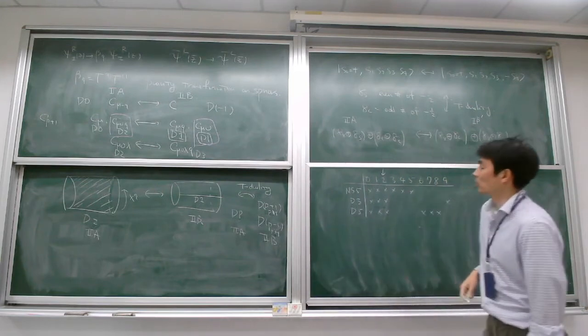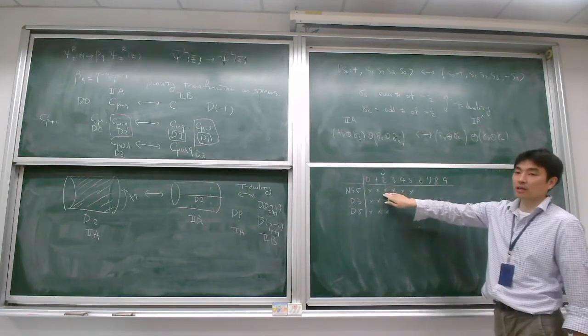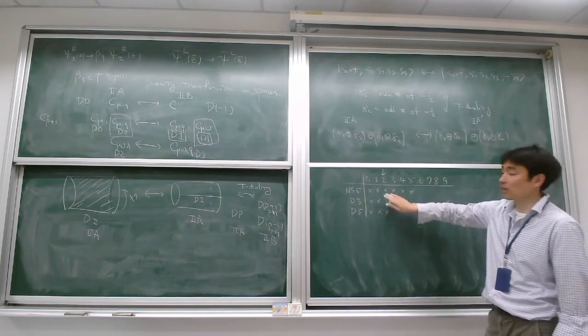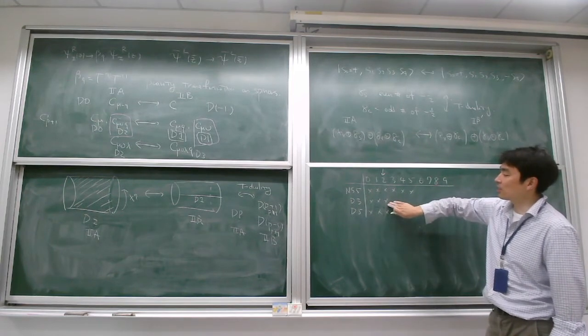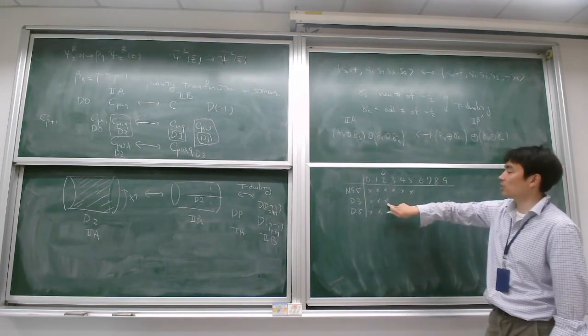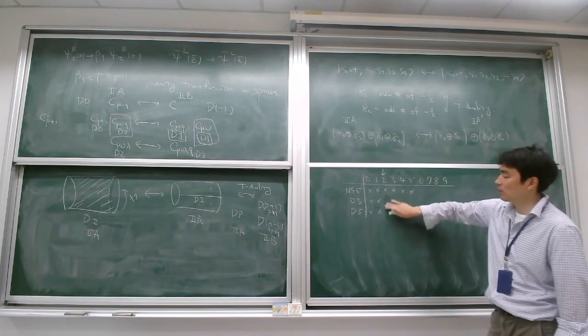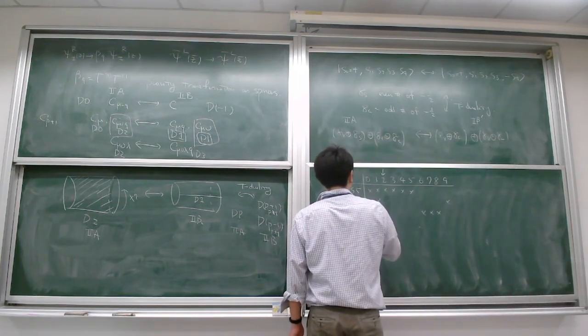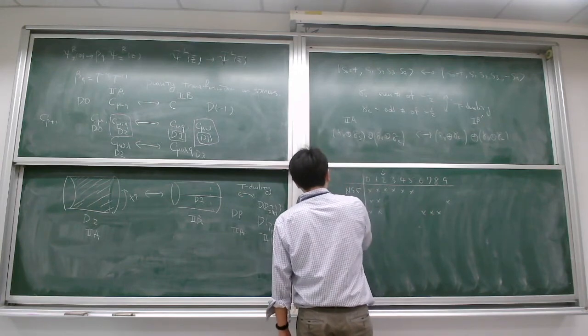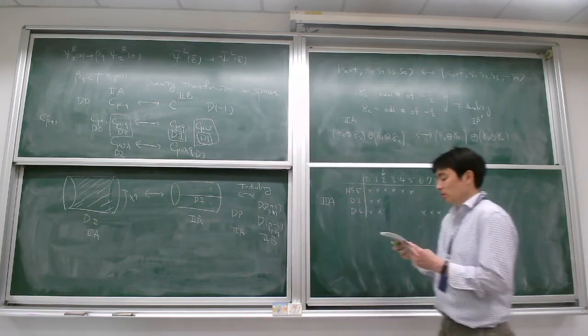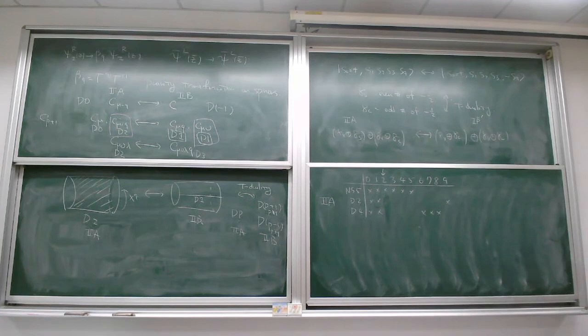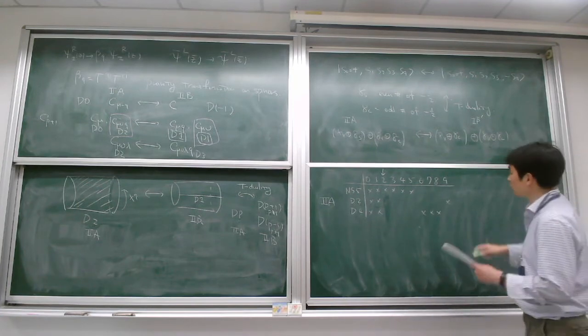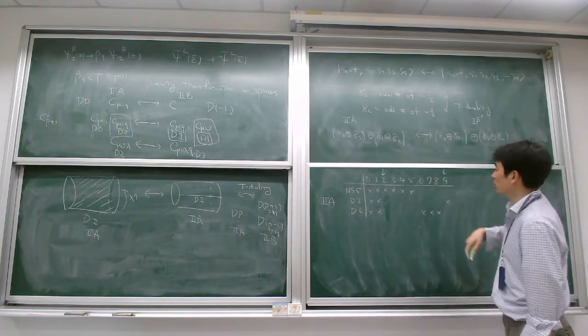Along this direction, the NS5 brane is intact under the T duality, but the D3 brane, since it extends in the x2 direction, gets rid of the direction and becomes D2 and D4 in type 2A. Type 2A. And for instance, next one can do the T-dual transformation of the 9th direction.